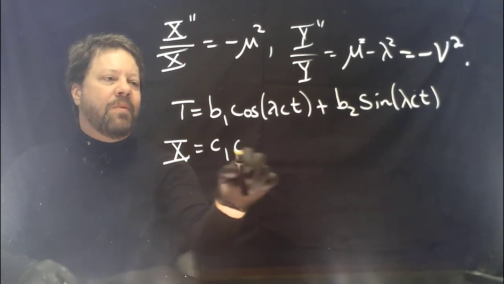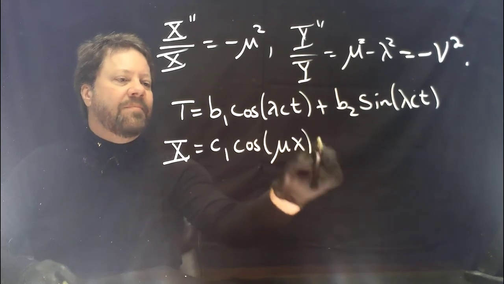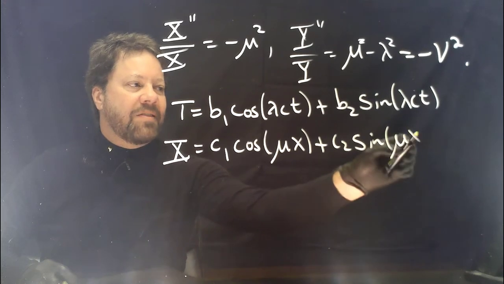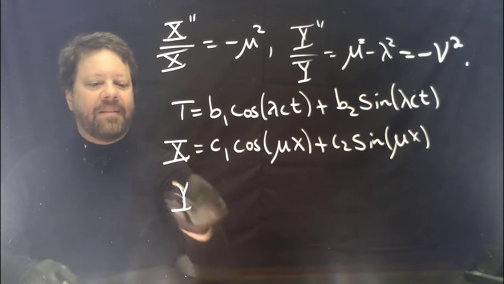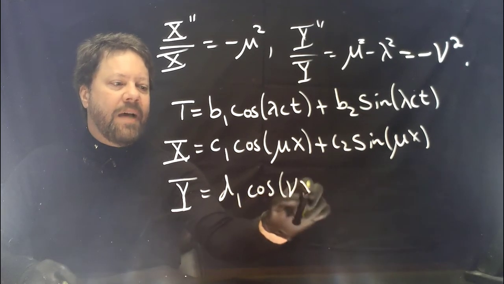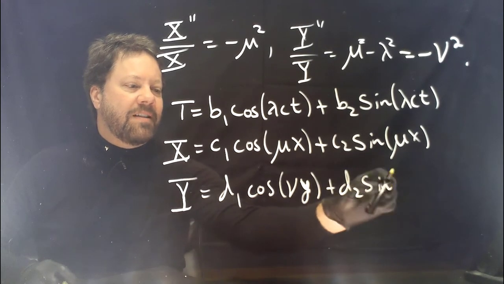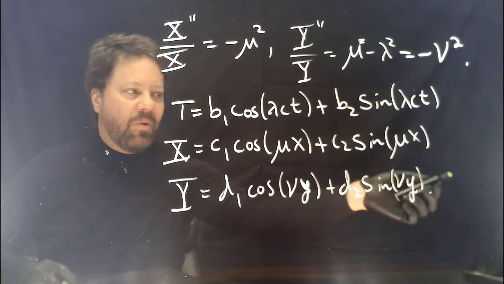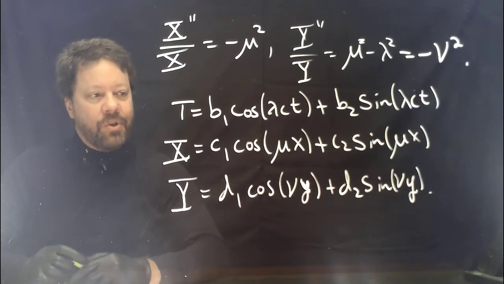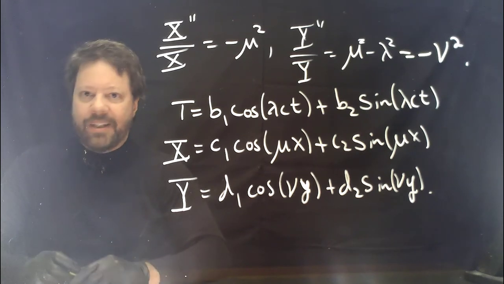X is going to be c1 cosine of mu x plus c2 sine of mu x, and y is d1 cosine of nu y plus d2 sine of nu y. We now need to know how to choose mu, nu, and lambda so that we can satisfy the boundary conditions.